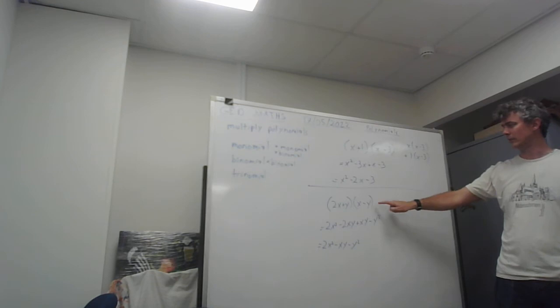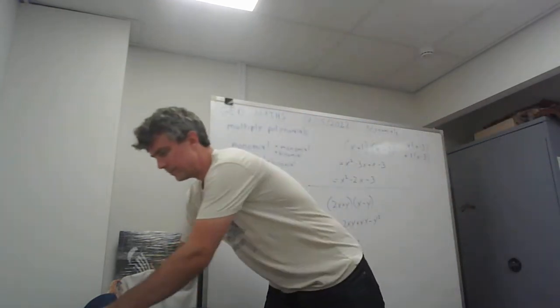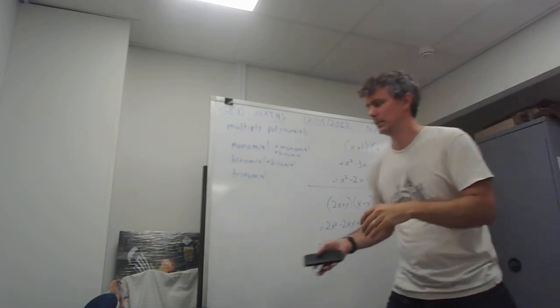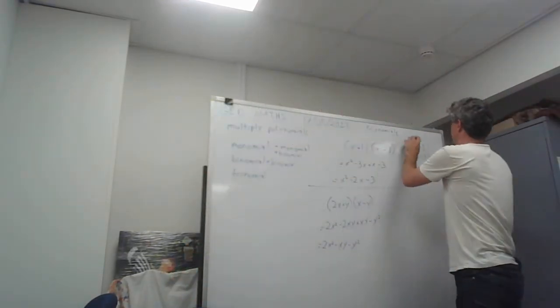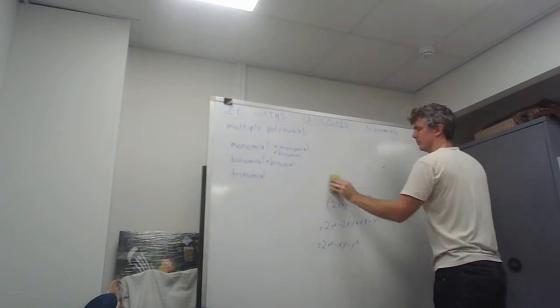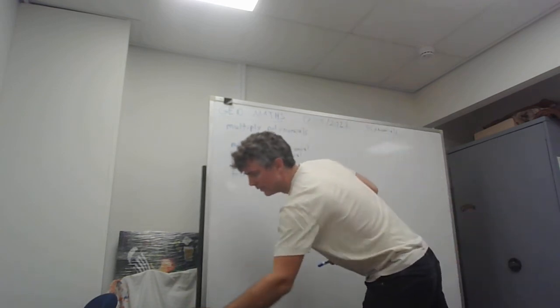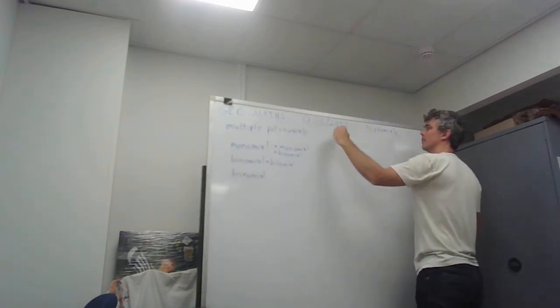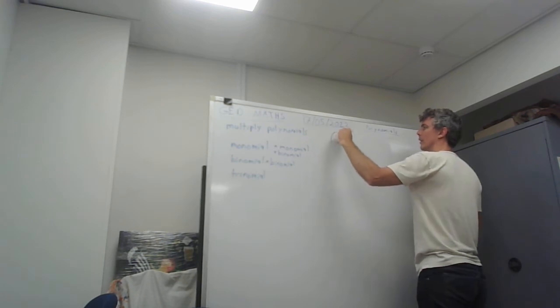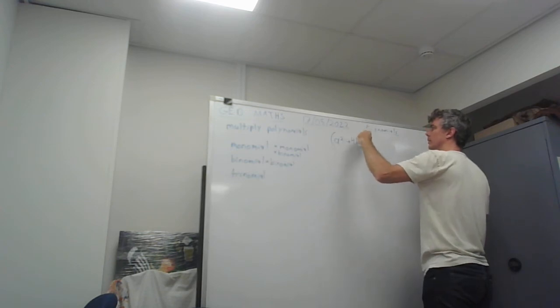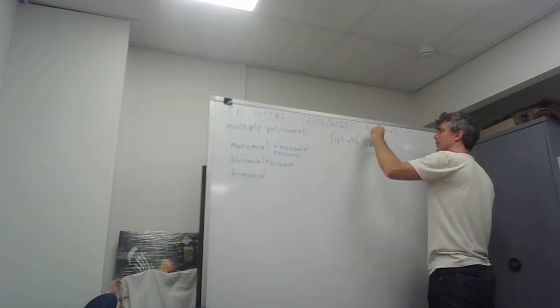Okay, so this is our example here. And let's do another more complicated one. Let me take a picture of that. So, a squared plus 4b times b squared.